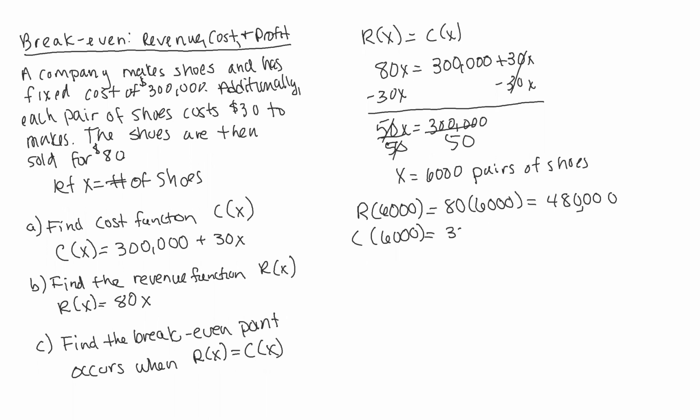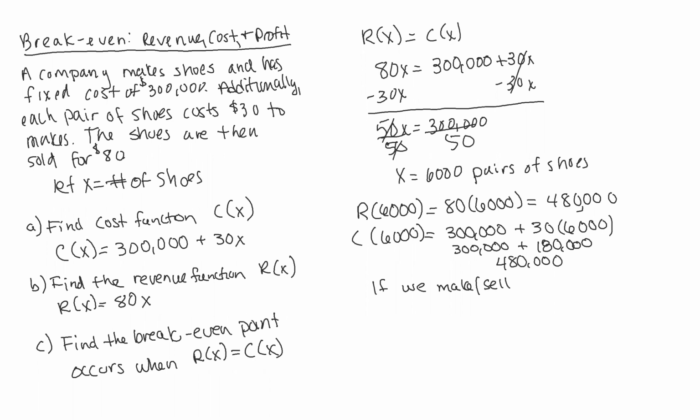Similarly, if I take 300,000 and add that to 30 times X, where X is 6,000, I get 300,000 plus 180,000 or 480,000. So what this tells me is if we make and sell 6,000 pairs of shoes.